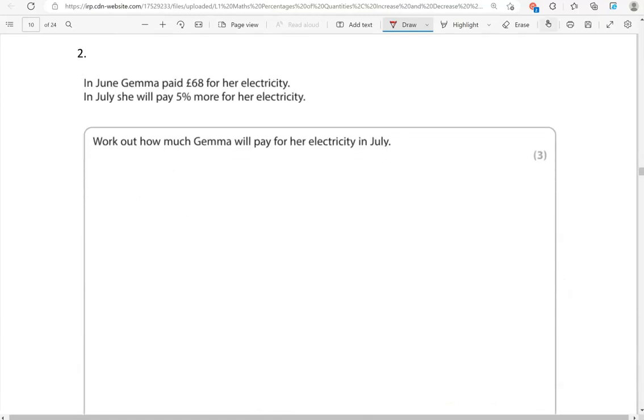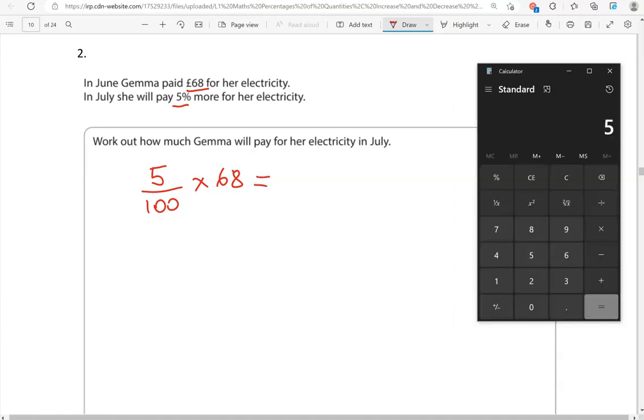In June, Gemma paid £68 for her electricity. In July, she will pay 5% more for her electricity. Work out how much Gemma will pay for electricity in July. So we'll work out 5% of 68 and then add that on top of 68. 5%, that is 5 out of 100 of the amount, which is £68. So using a calculator, we do 5 divided by 100, because we know the fraction line means division.